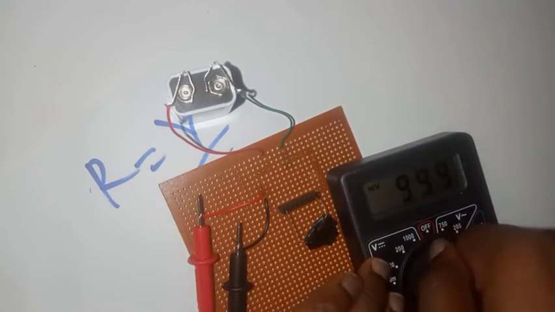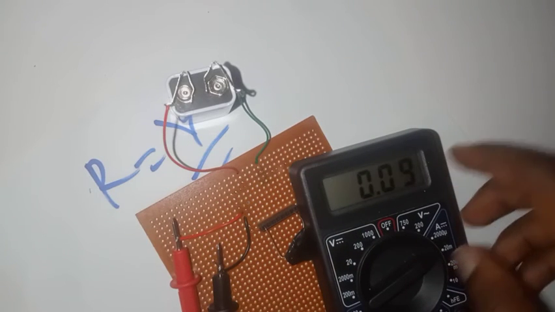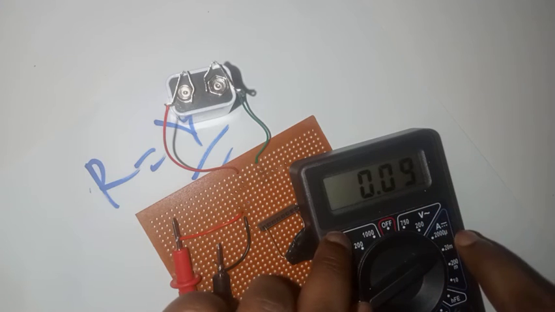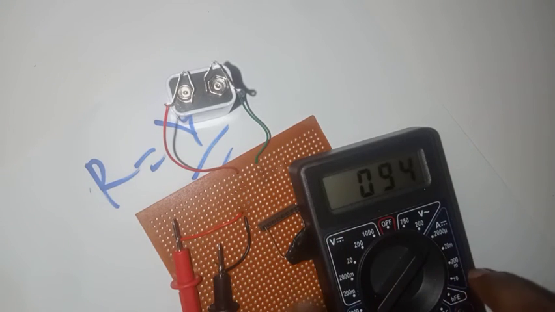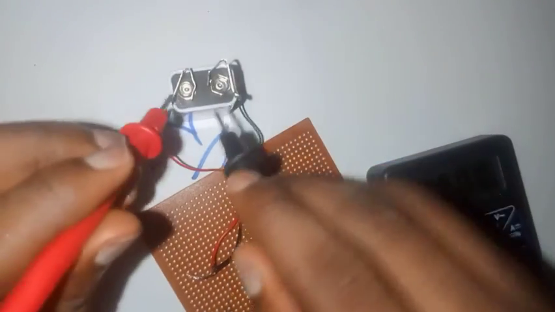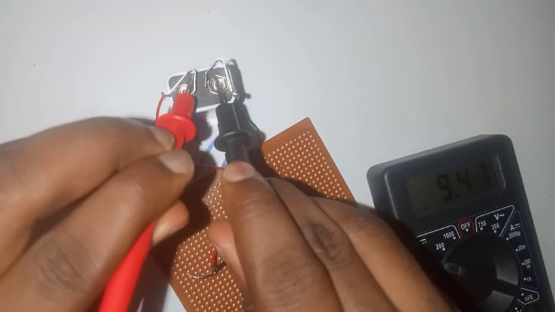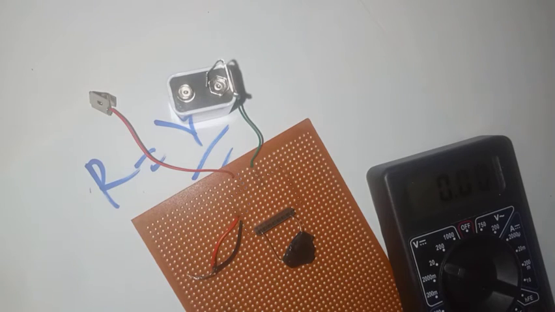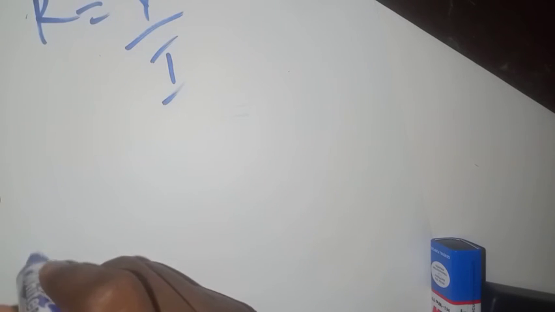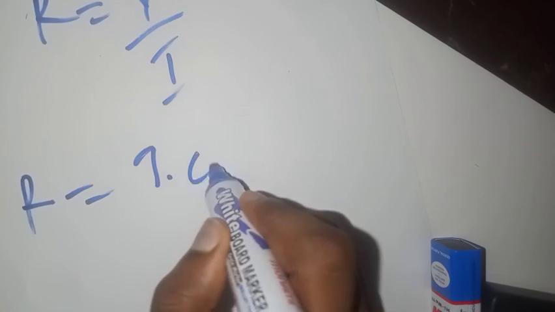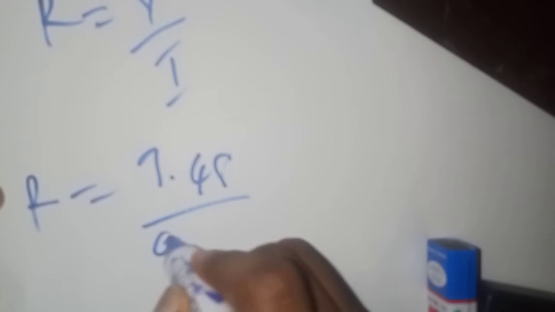Take this circuit for example. We know the value of the current, that's about 0.095 milliamperes or 95 microamperes. The value of the voltage is about 9.48. We then estimate that the resistance in the circuit is equal to 9.48 divided by 95 times 10 raised to the power minus 6.